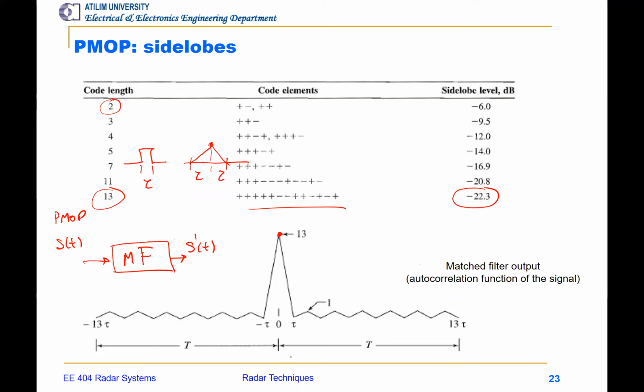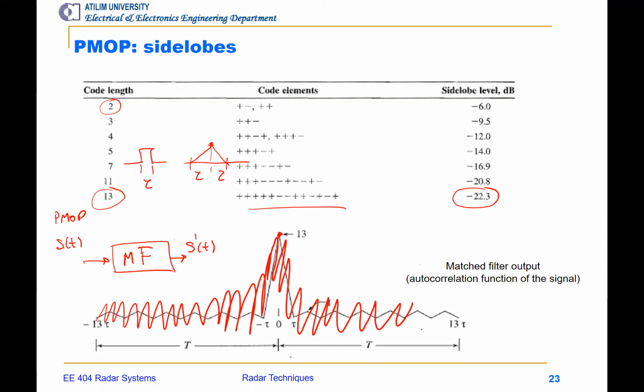Because when there is noise, this is going to be just a noisy version, just like this. And if I have side lobes, strong peaks in here, then it's likely that I can make an incorrect decision regarding the echo signal, whether there's a target or not. So this autocorrelation function is quite critical.